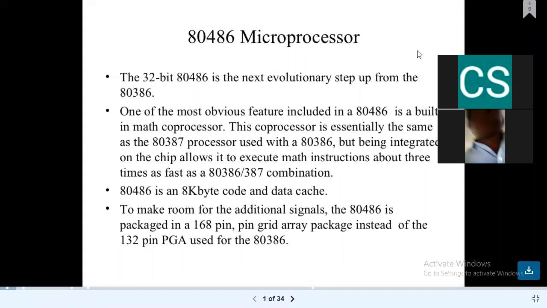And next come to unit number 6. In that we studied the programmable peripheral interface 8255, right? We use it to solve the problems of 8086 program execution along with peripheral devices.